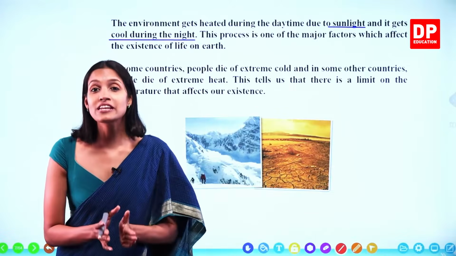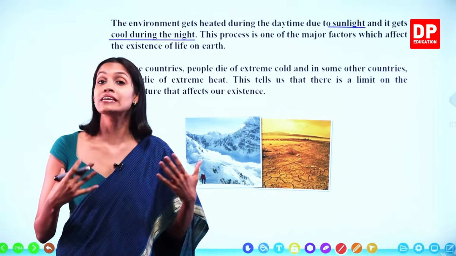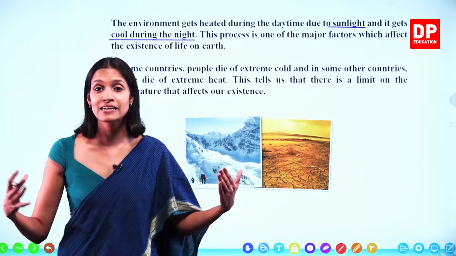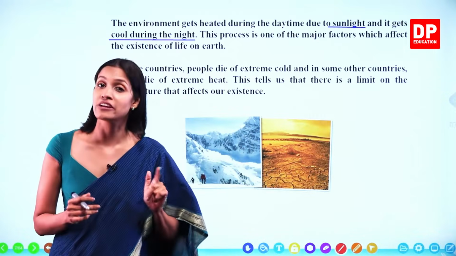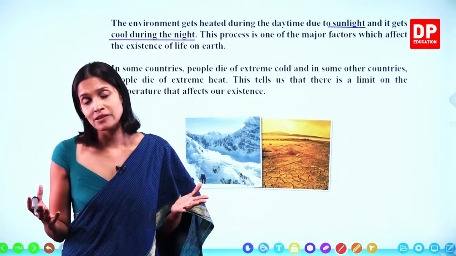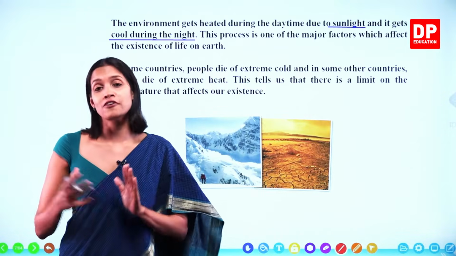Right? So during the night time, because there is no sunlight, what happens? The objects already heated up during the daytime cool down by releasing heat. This process is also very important, children. What if we didn't have a night time? What if we had sunlight throughout the 24 hours?